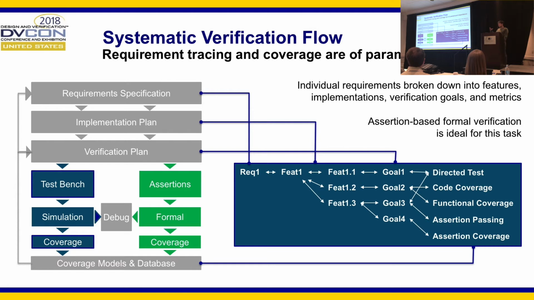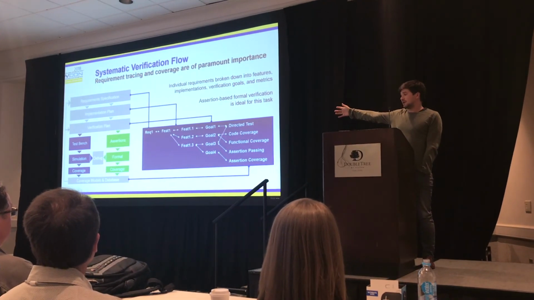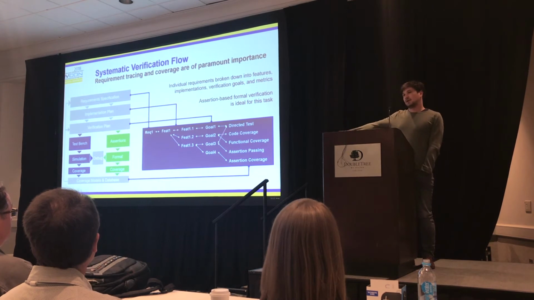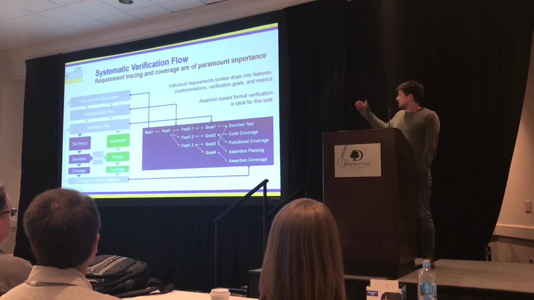And it can go to direct test, to formal, etc. And assertion-based formal verification is ideal for this task. And as you see in the graph, everything starts from requirements, ends up in a verification plan. From there, an engineer, he or she decides is this part going to be verified by simulation, or this part of the design is going to be verified with formal.